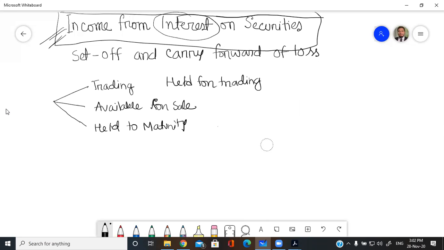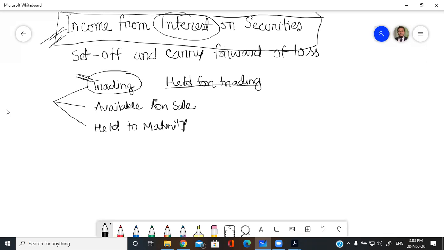So if a particular value of your security holdings, or percentage of your portfolio, is devoted to trading purposes, those securities will be categorized as held for trading.